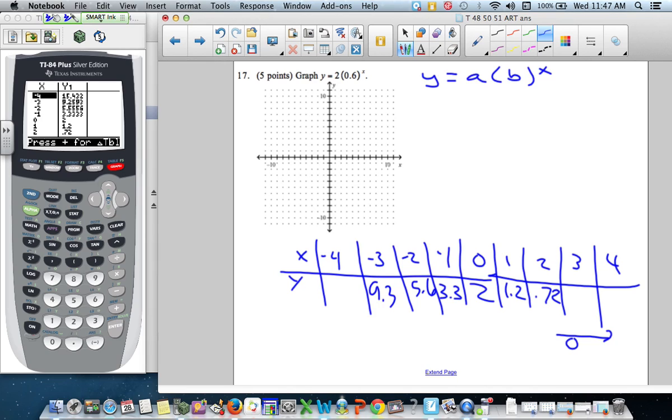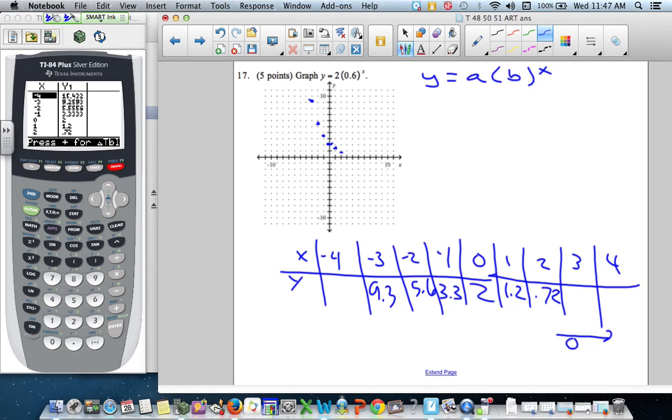So now I just start plotting these. -3, 9.3, estimate where that is. -2, 5.6, -1, 3.3, 0, 2, 1, 1.2, 2, 0.72.